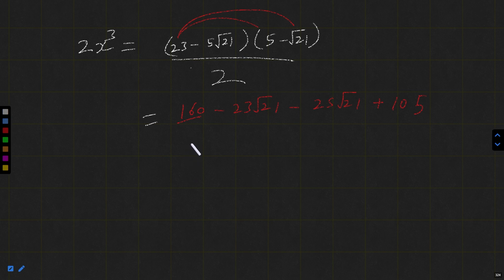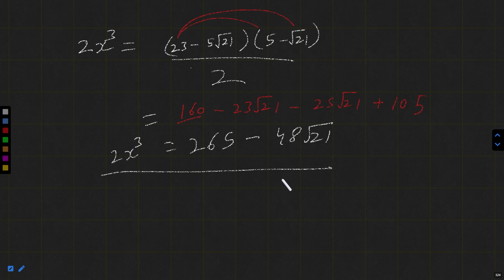Just 160 plus 105 is 265, and here 23 root 21 minus 25 root 21 is 48 root 21. Okay, it is 2x cube. I hope this is clear for you.